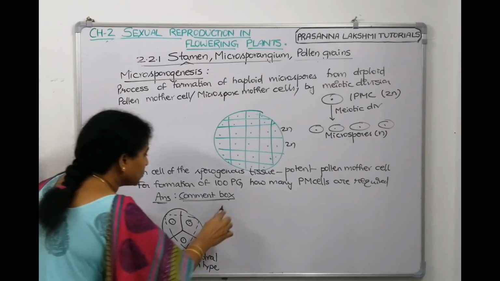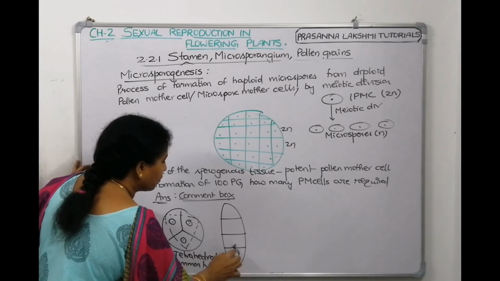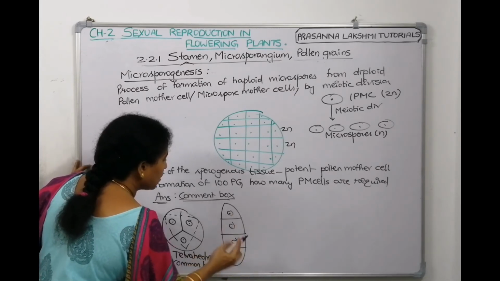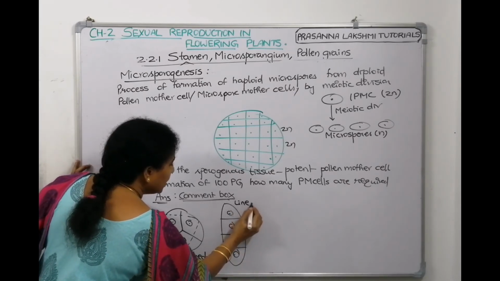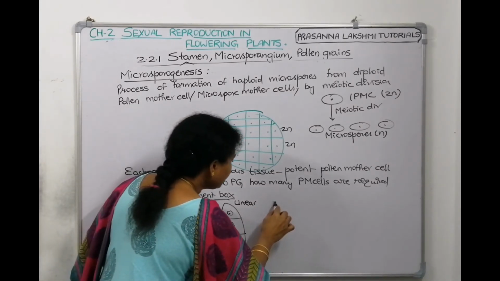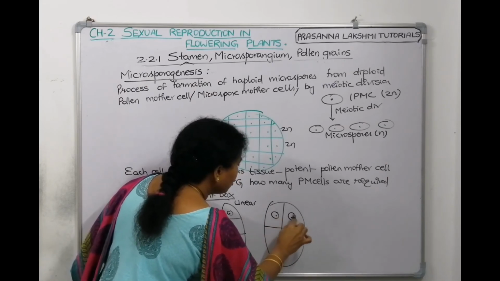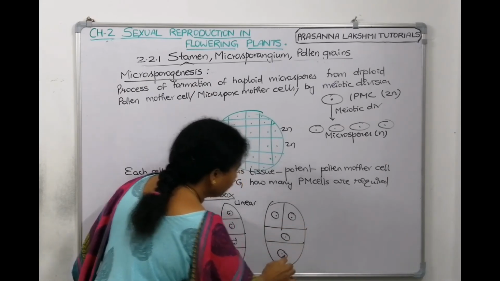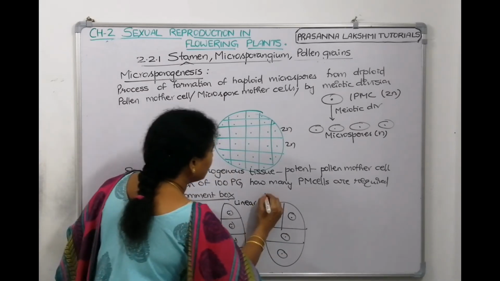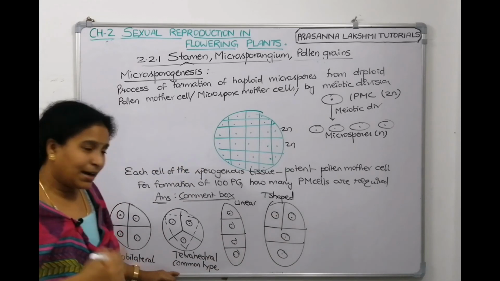Linear tetrad is also there. So 1, 2, 3 and 4. This is linear tetrad. T-shaped tetrad is also there. In the T-shaped tetrad, 1, 2, 3 and 4, it looks like a T. Now, another one is also there.